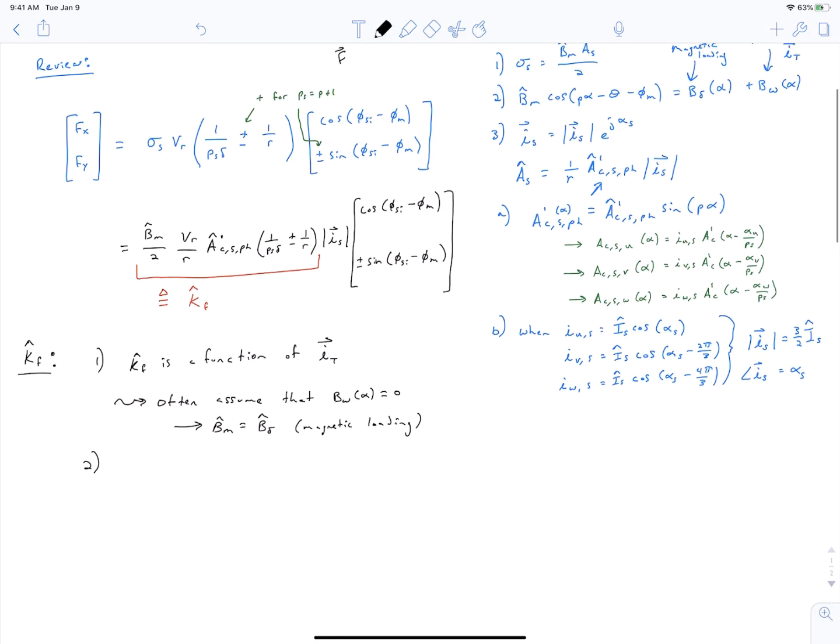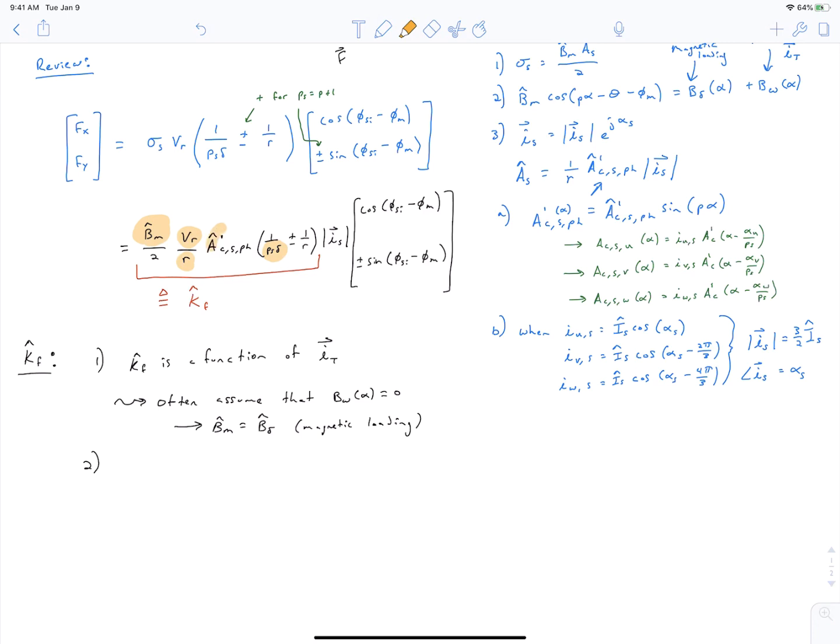The second thing I want to point out is that we can do a little work on this expression to have kf hat be purely in terms of machine design parameters. If we assume that armature reaction is 0, this term becomes B delta hat. Well, the volume of our rotor, the radius of our rotor, all that is clearly a machine design parameter. Same with the air gap length and the number of pole pairs.